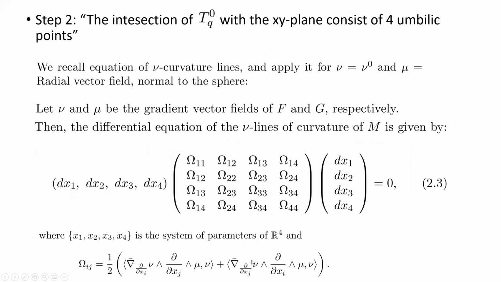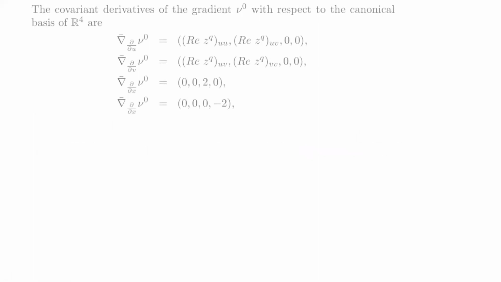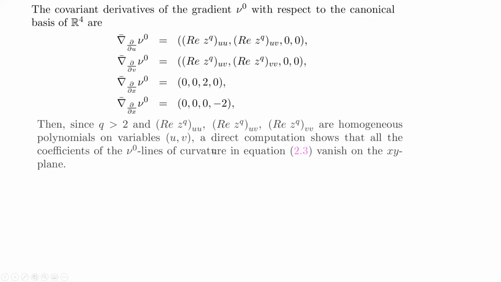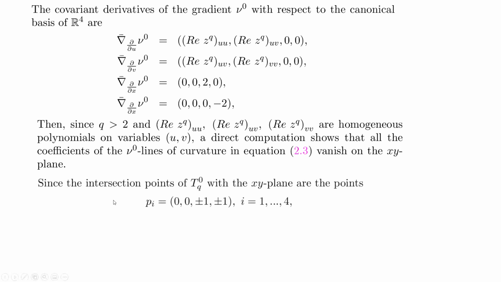Then everything vanishes. Why? Because we are using these homogeneous polynomials in variables u and v. When you consider the XY plane, u and v have to be 0 and this vanishes. This implies that the intersection of this plane with a link is an umbilic point because it vanished. So we obtain easily these 4 points as the intersection. It's just a computation, and you get these 4 points.